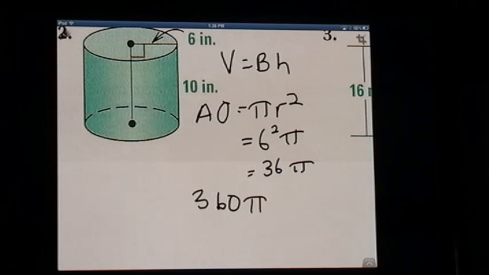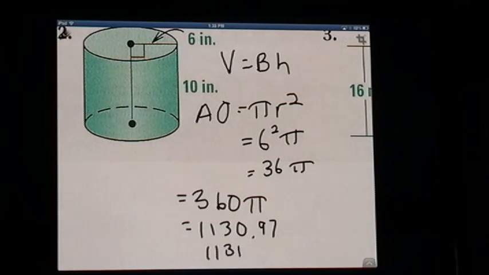And then we can multiply 360 times pi and you get 1,130.97. The 7 bumps the 9 up, and the 9 bumps the 0 up, so we get 1131.